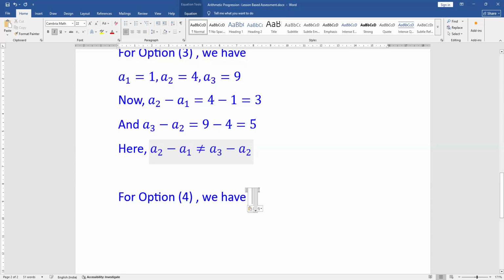So in option 4, what is A1, what is A2, and what is A3? In option 4, A1 is 5, A2 is 9, A3 is 13. So A1 is 5, A2 is 9, and A3 is 13.